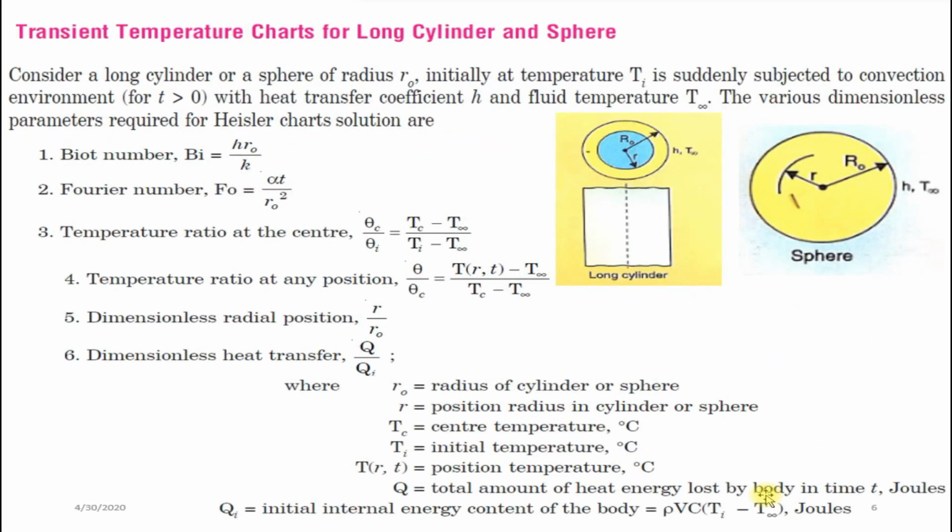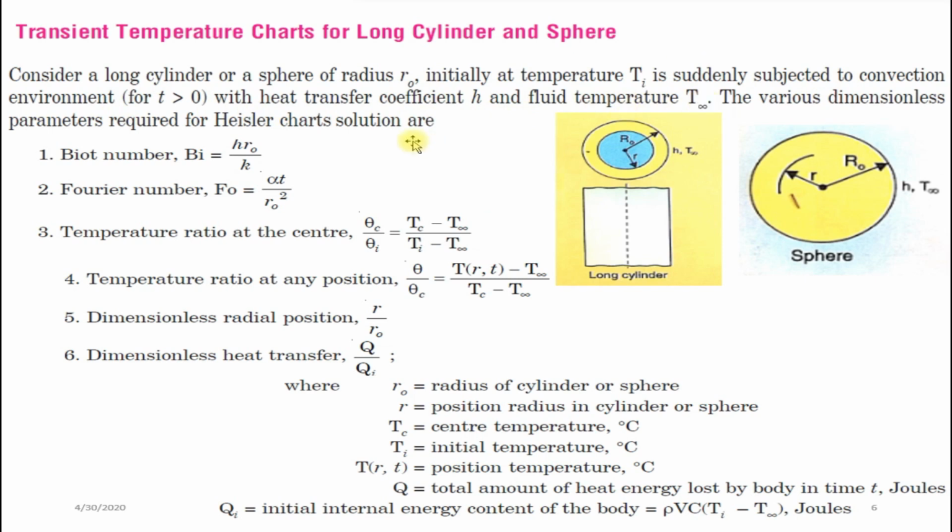Now we will see the transient temperature charts for the long cylinder and sphere. Here the long cylinder and sphere have radius R0, initially at a temperature Ti, and are suddenly subjected to a convection environment with heat transfer coefficient h and fluid temperature T infinity.